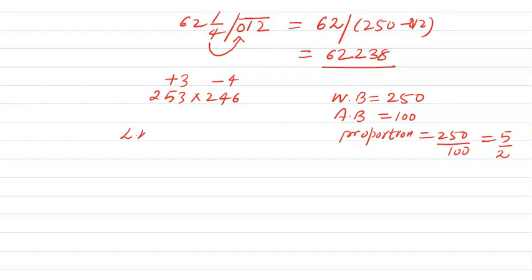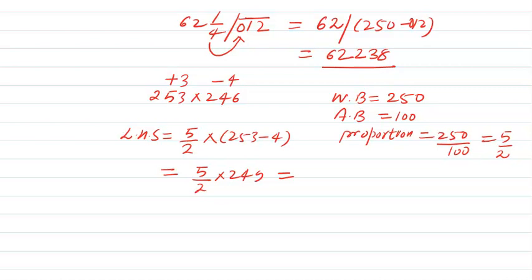So in this case, if I have to calculate the left hand side, I'll be taking the proportion, that is 5 by 2 into 253 minus 4, right? So basically we are getting the same thing. It is 5 by 2 into 249. So how much is that? If I multiply it by 5 and then divide it by 2, the product will be like 250 into 5.